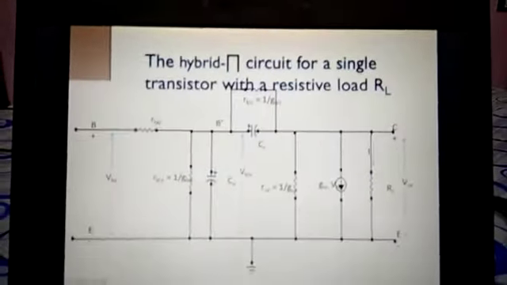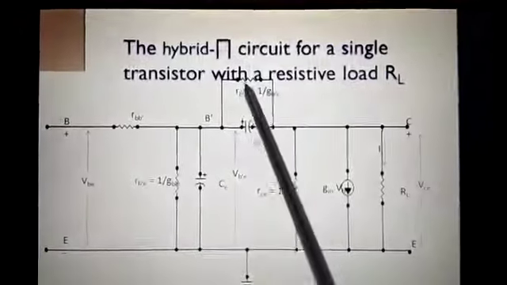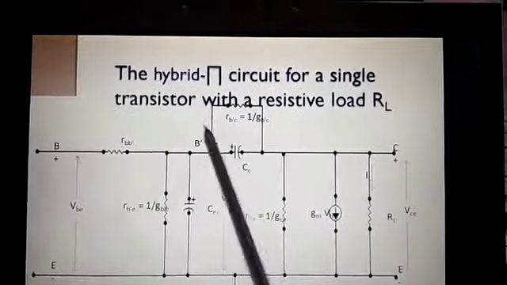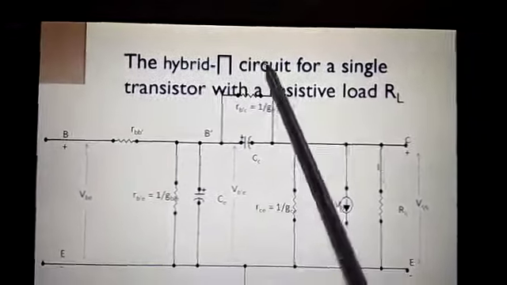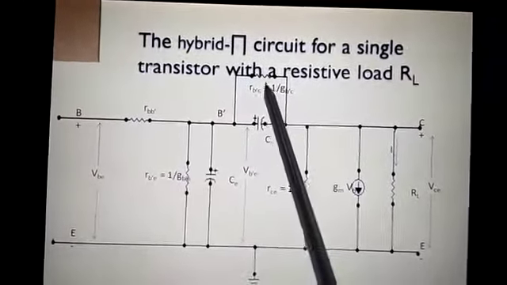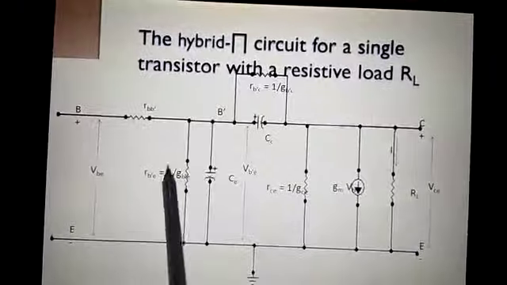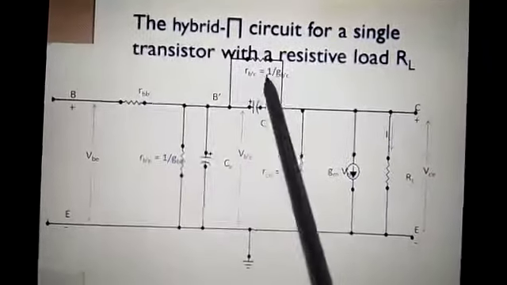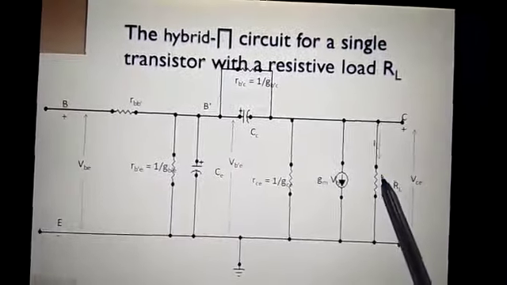Then what we will do here, this is a parallel connection, so we remove this parallel connection by applying Miller's theorem. So what will happen? The Miller resistance of this feedback will appear at the input side, and the Miller effect will appear at the output side.